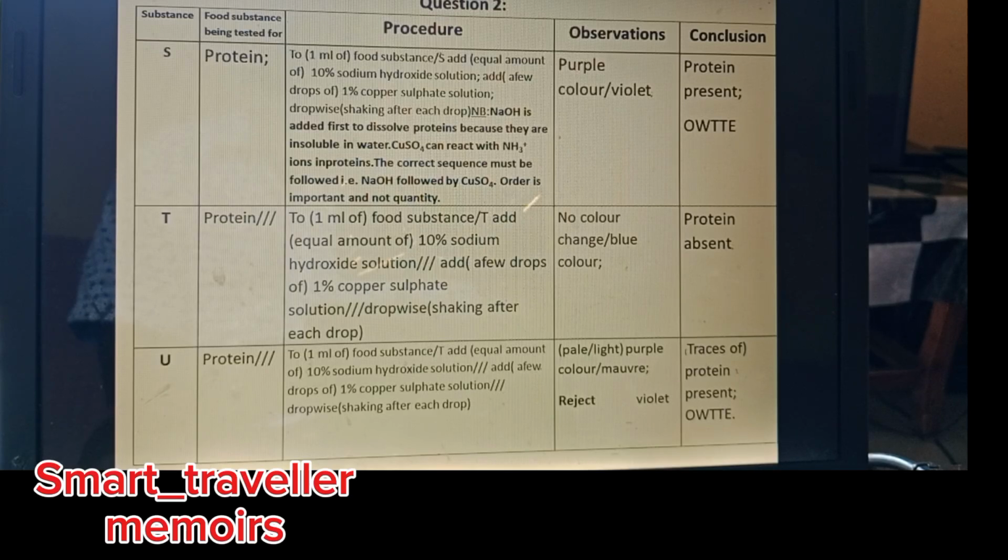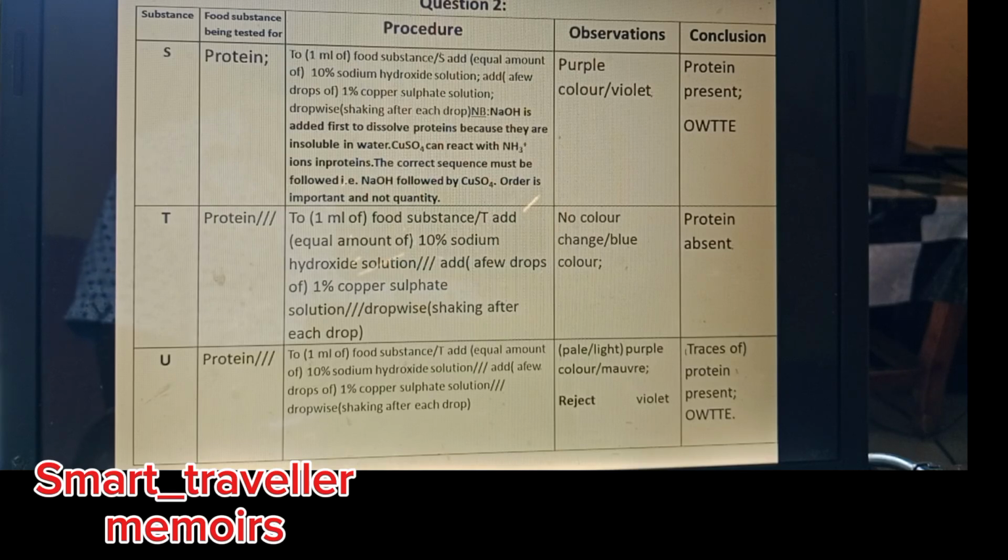Observations: no color change for T, or blue color. Protein absent was the conclusion. For U, the observations were pale purple color or light purple color or mauve, pale mauve or light mauve.